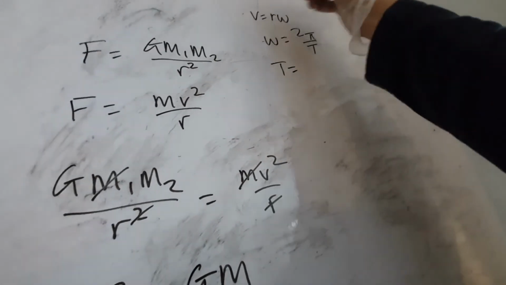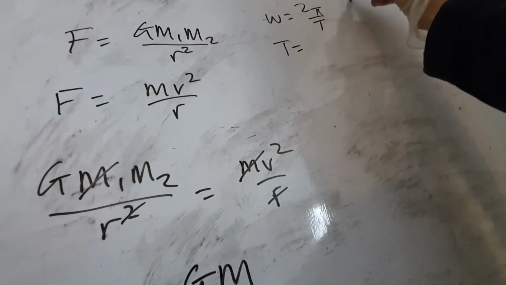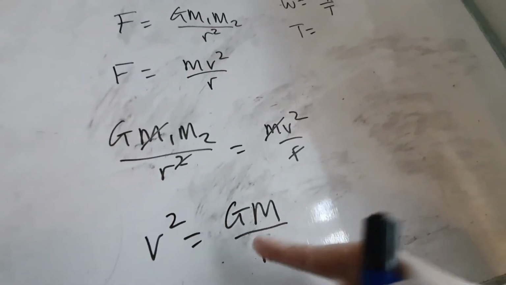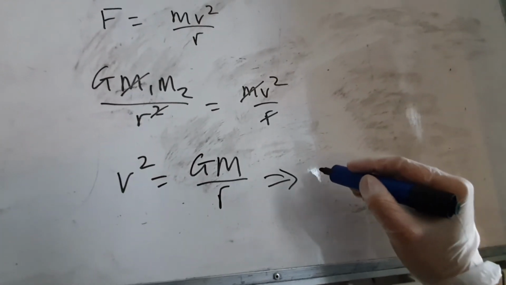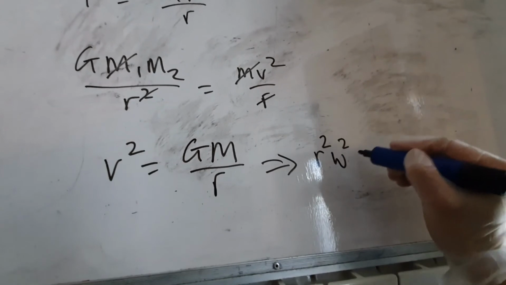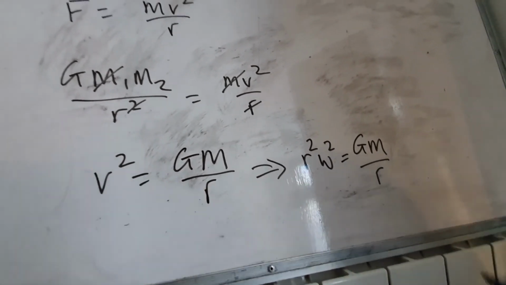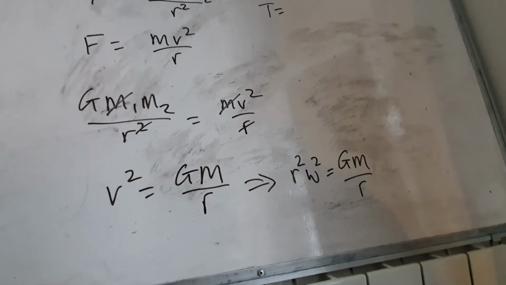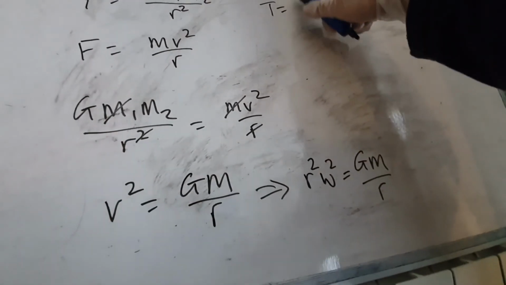Okay, so let's square that first. So that implies that v squared is equal to r squared omega squared. So from there you have r squared omega squared equals GM over r. Let's change that to omega squared.